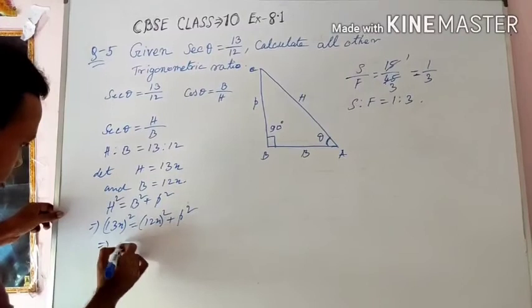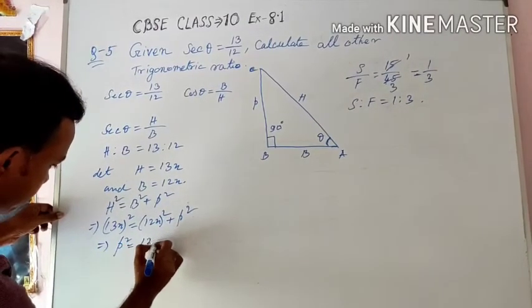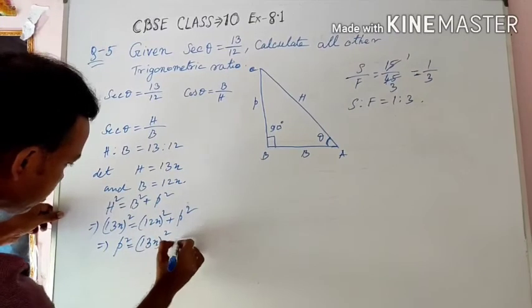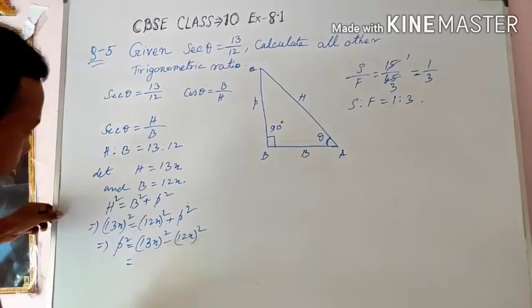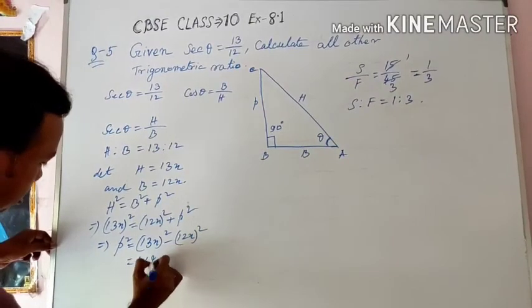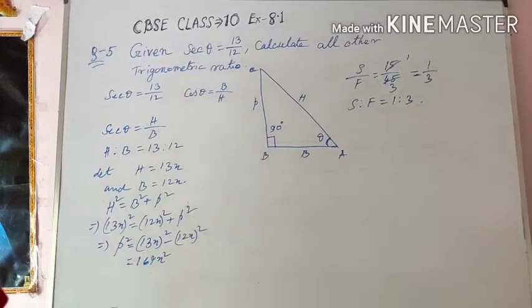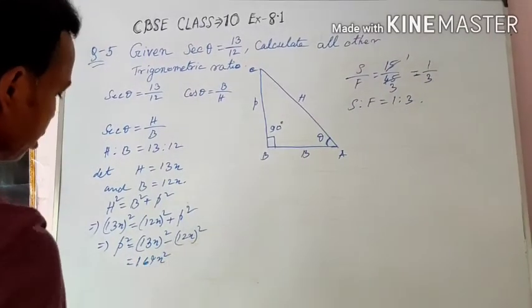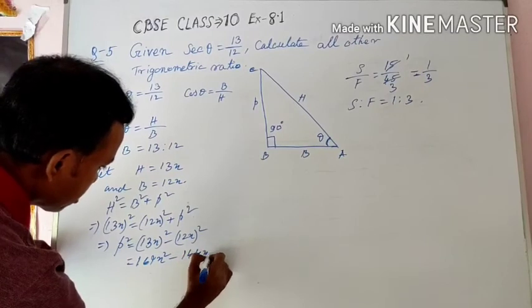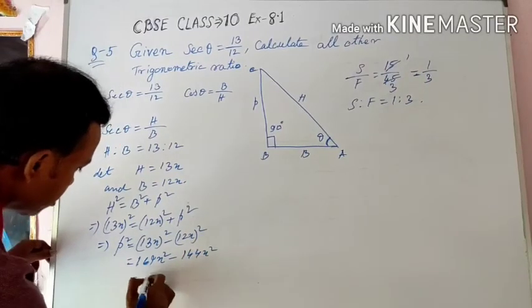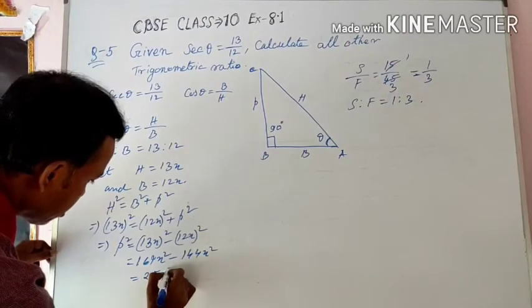Or perpendicular square is equal to (13x) square minus (12x) square, which is 169x square minus 144x square, that is 25x square.